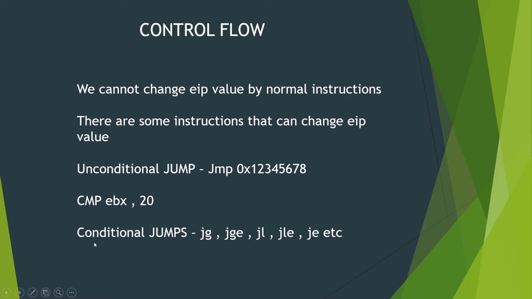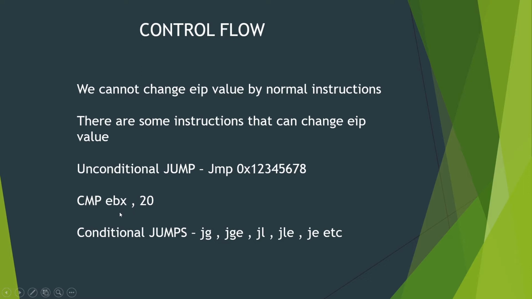Now before we see the conditional jumps, we need to take a look at another instruction called the compare instruction. This instruction takes two values and compares them. So, compare ebx comma 20. It takes the ebx value and the value 20 and compares both, but it does not store the result.